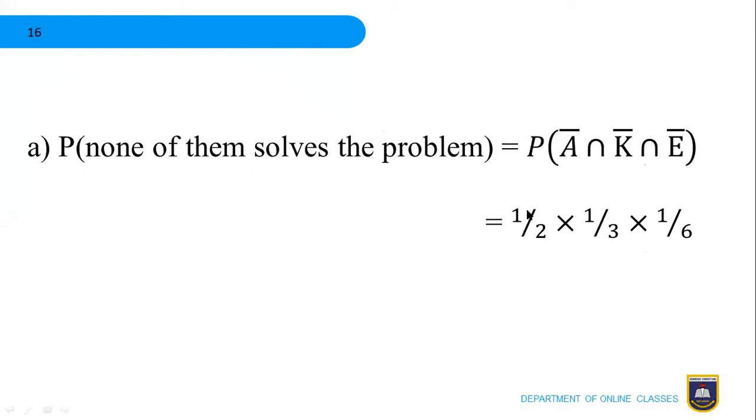So we have the probability that Abina will not solve to be 1 over 2 times the probability that Kwame will not solve to be 1 over 3 times the probability that Ernest will also not solve to be 1 over 6. If you solve the expression there, we have 1 over 36. So 1 over 36 is the probability that none of them solve the problem.